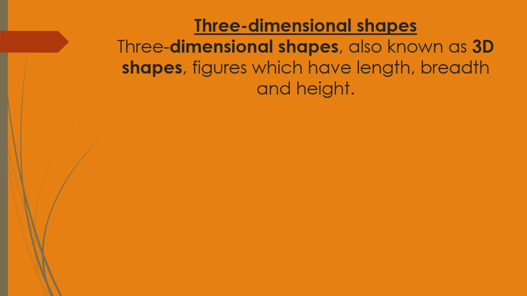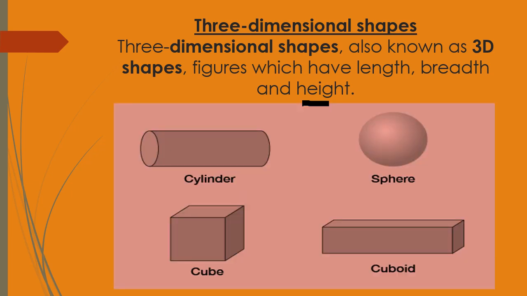So in two-dimensional figures or shapes, we don't have height, but in three-dimensional figures, we have height also. For example, I'm going to show you the pictures of some 3D figures. Can you see the pictures?